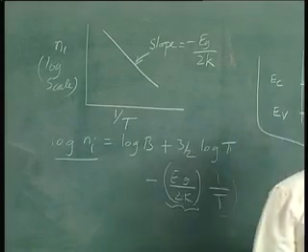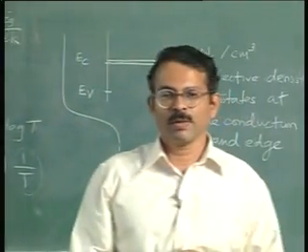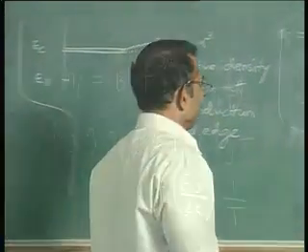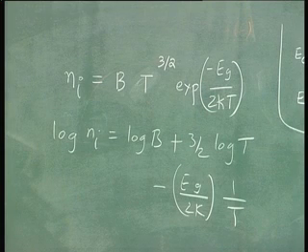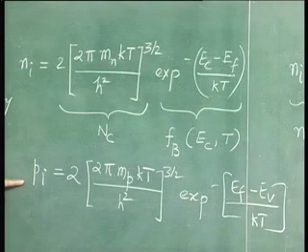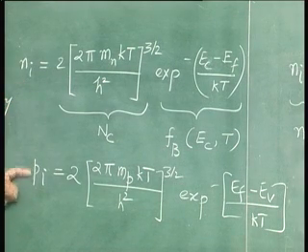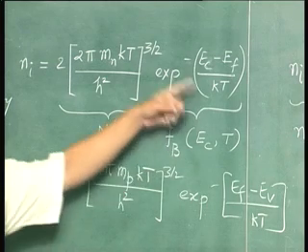Okay, so now we have got a model for the behavior. Now final step, we will write down the formula for EF. So from Ni and Pi I can get EF. I just have to equate Ni to Pi. You equate Ni equal to Pi and then I can get EF.